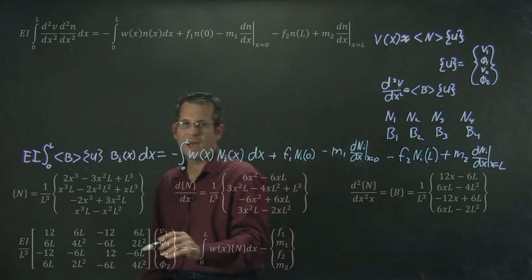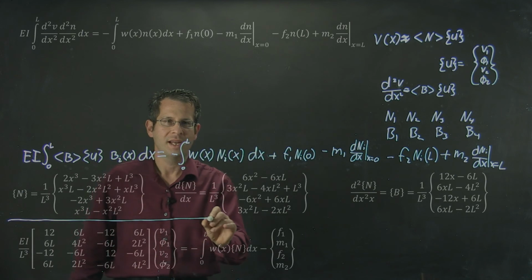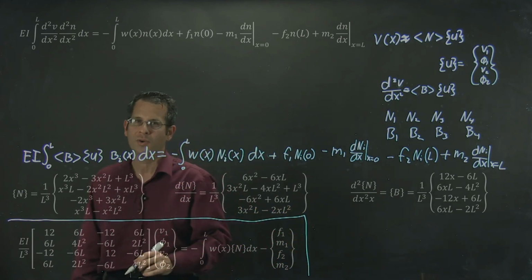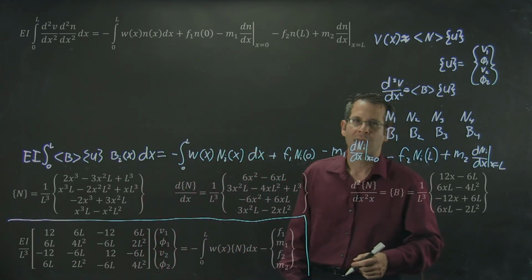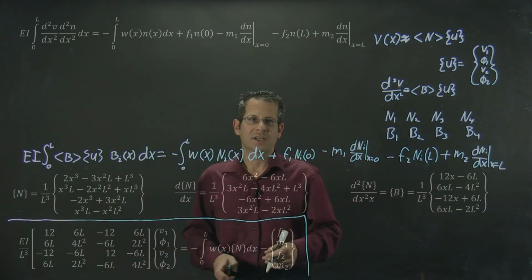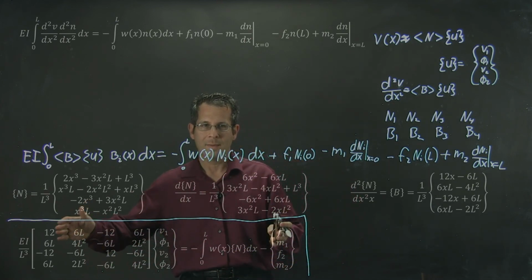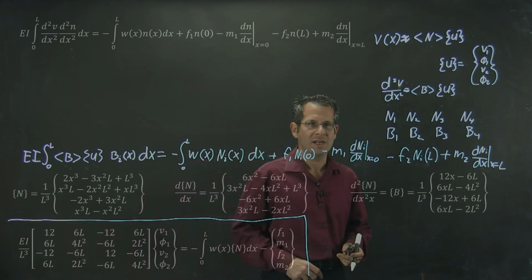So I can find a final form of a vector matrix problem, which is the same form that I found when I used the principle of minimum potential energy method. You might ask yourself, why have these two different methods if they both end up with the same form of the algebraic equation?